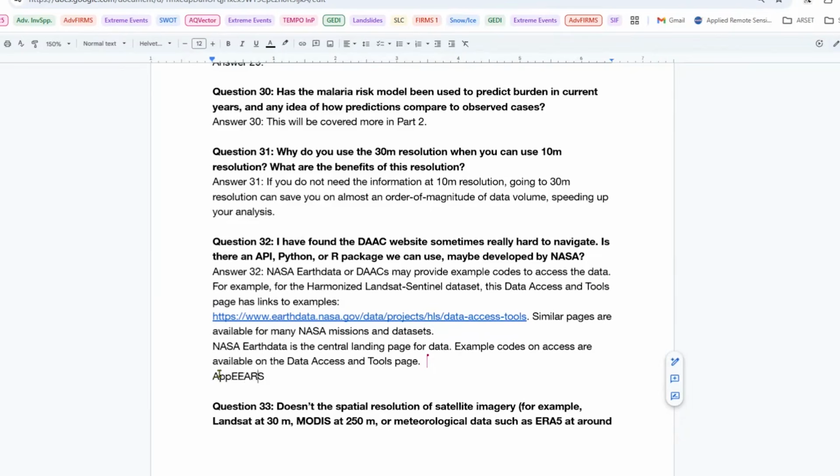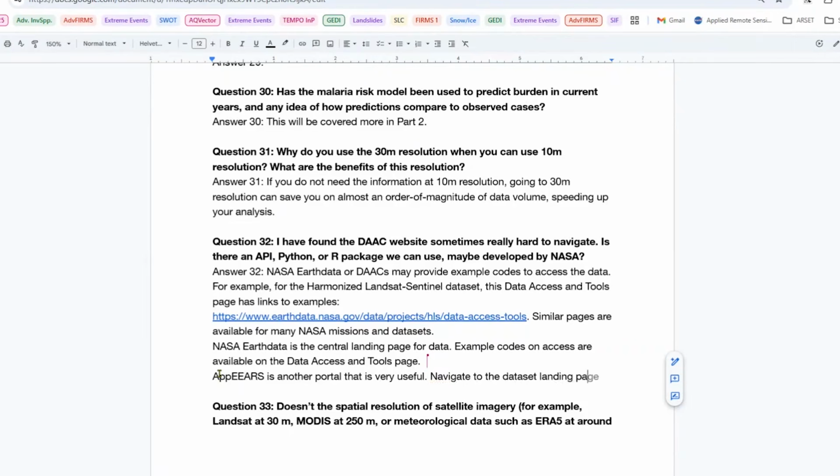So while there's no single general API or R package that works with every data set, if you're interested in a specific data set, you can look it up, either with an internet search or through the Earthdata page, navigate to the landing page for that data set, and see if there are links to resources developed by the different DAACs or by others at NASA, which have examples on how to access the data.